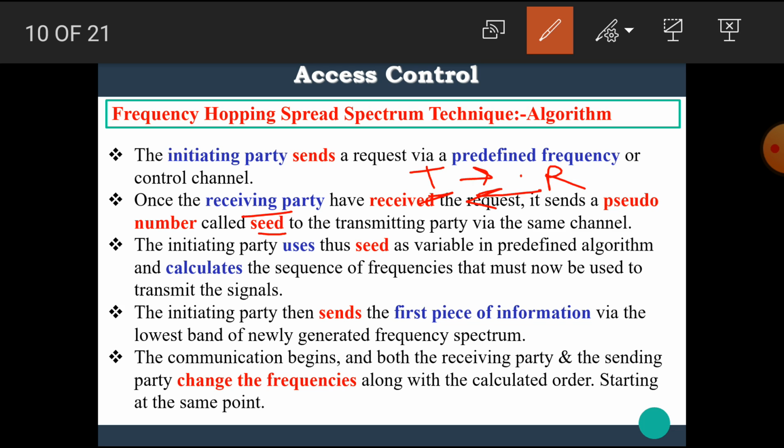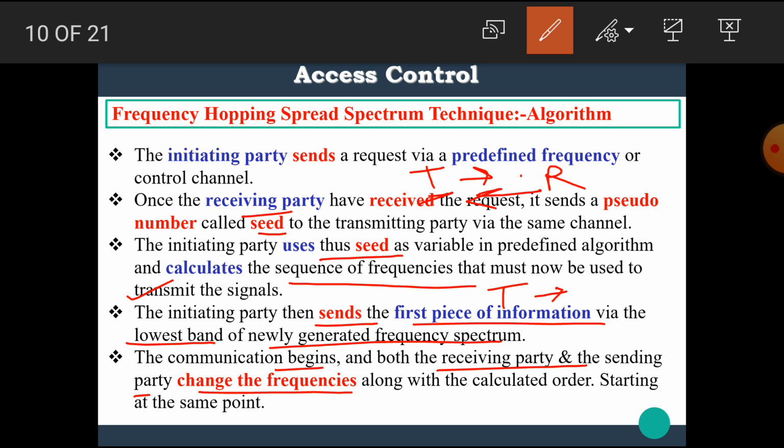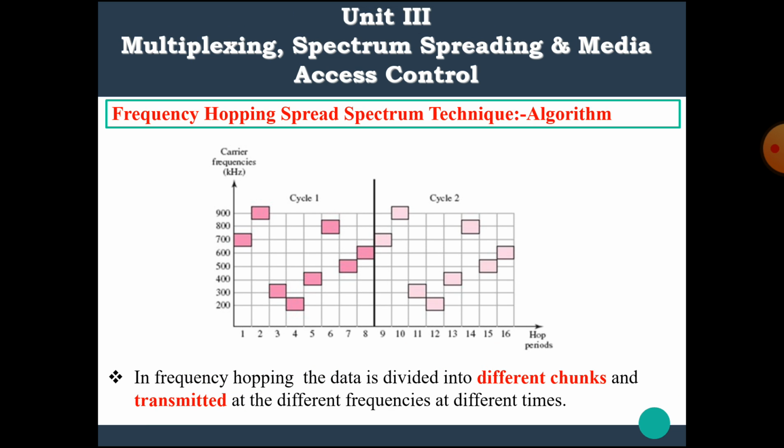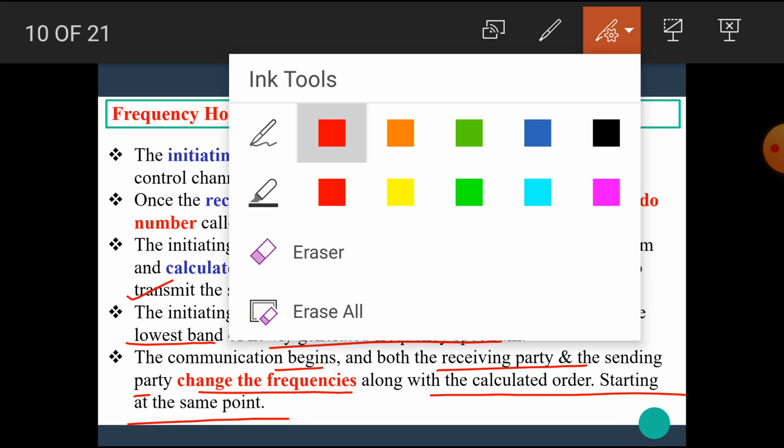The initiating party uses the seed as a variable in a predefined algorithm and calculates the sequence of frequencies that must now be used to transmit the signal. That means the transmitter now uses the seed and transmits the data. The initiating party then sends the first piece of information via the lowest band of the newly generated frequency spectrum. The communication begins, and both the receiving party and the sending party change the frequencies along the calculated order, starting at the same point. I hope you all understand this algorithm.